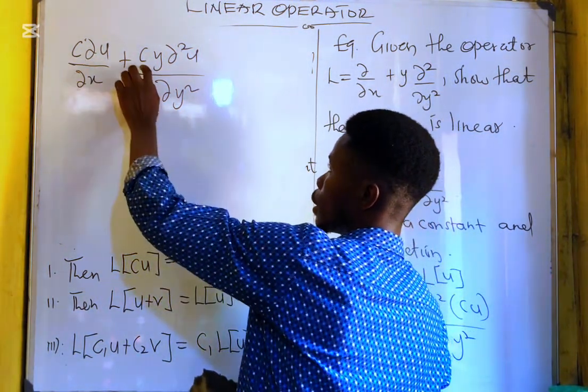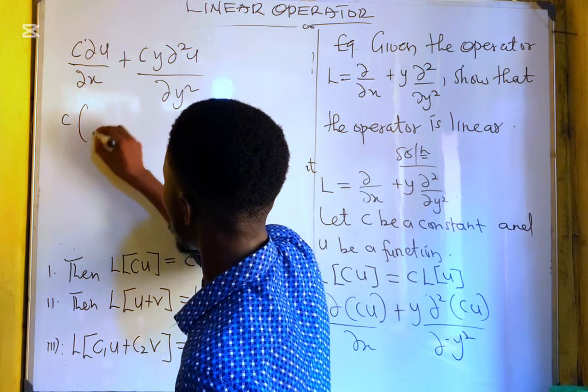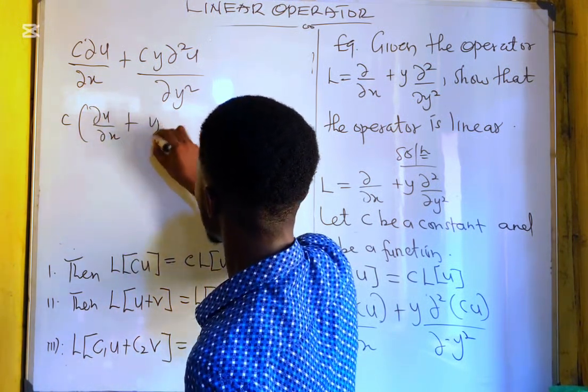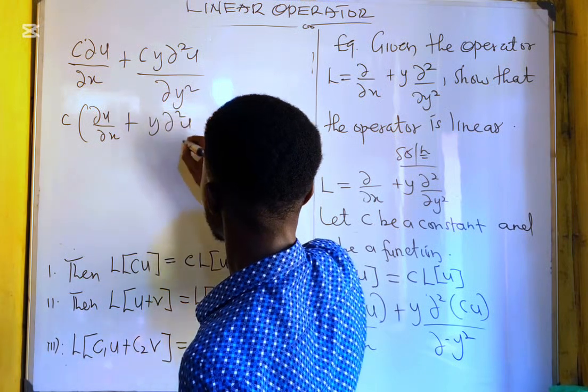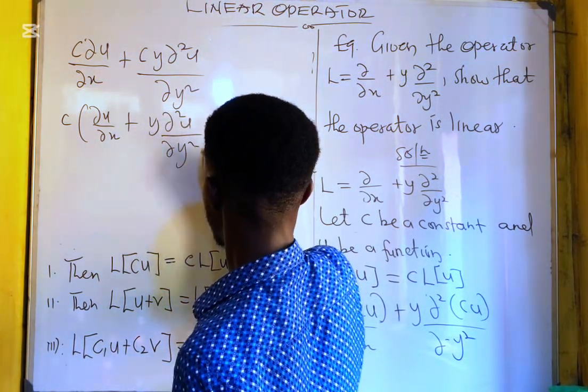Now, this c and this c are common, so I can factorize it out. If I factorize c out, I'll have ∂u/∂x plus y ∂²u over ∂y squared.